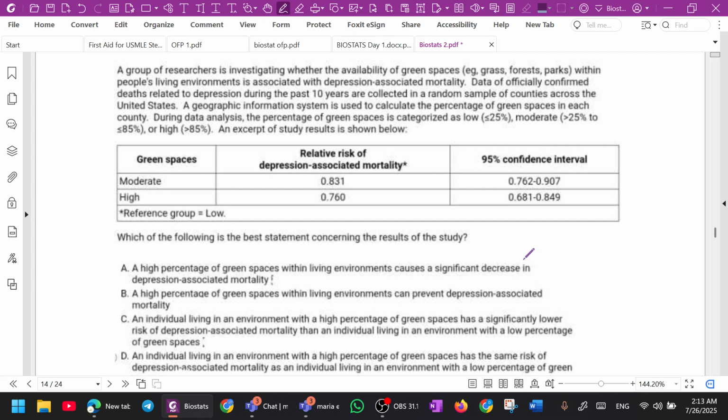Both moderate and high is clinically significant, isn't it?